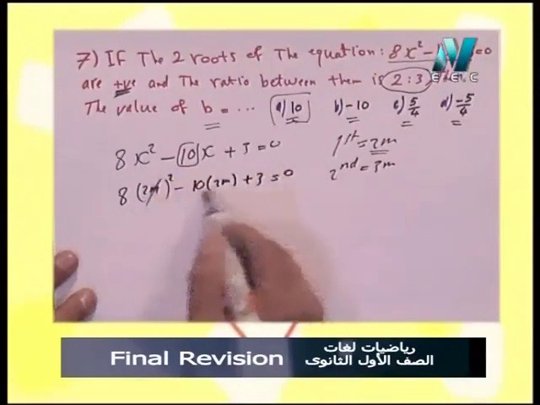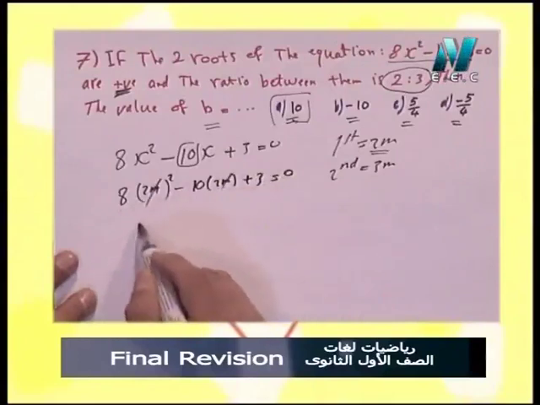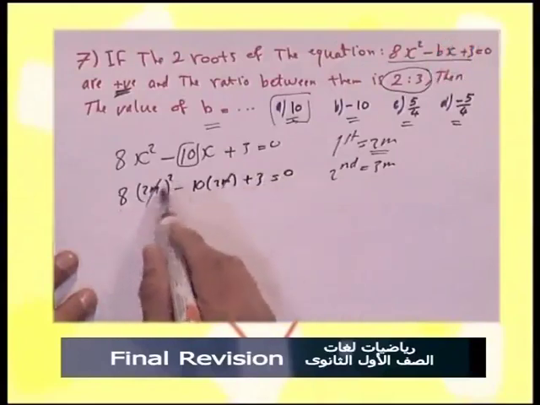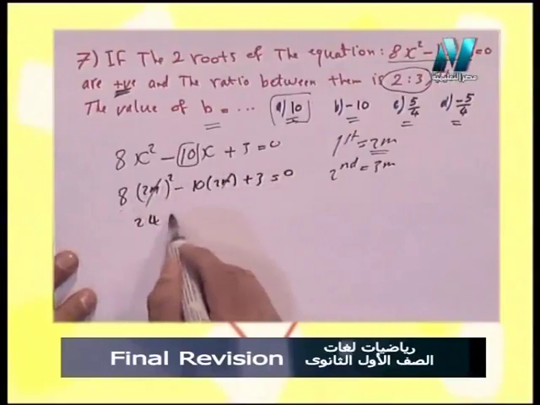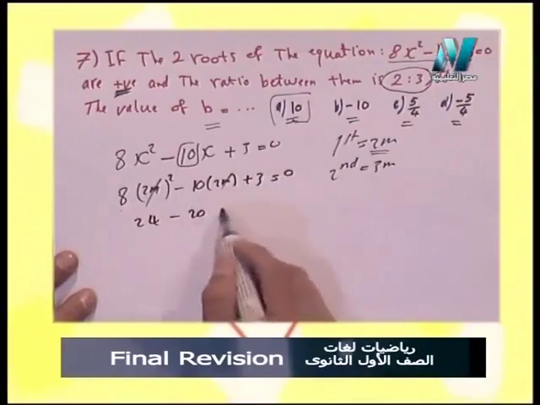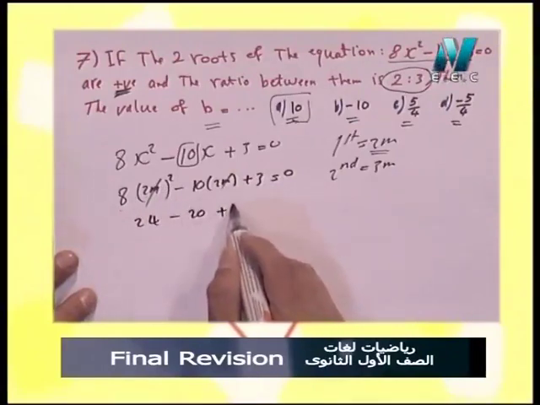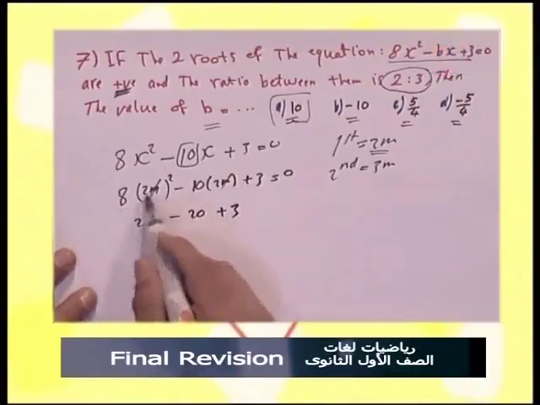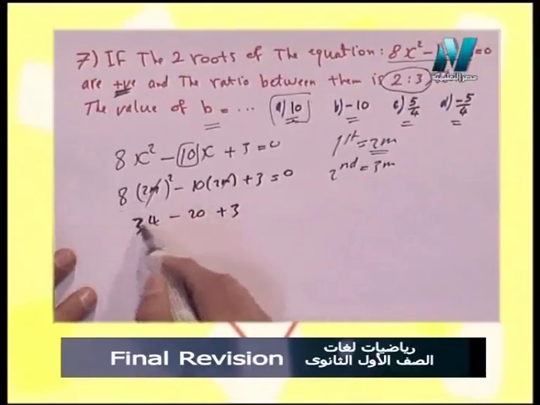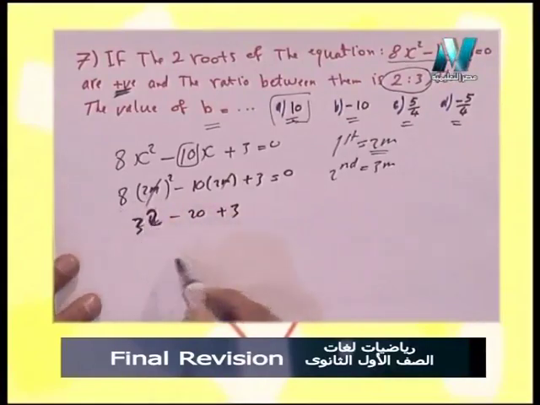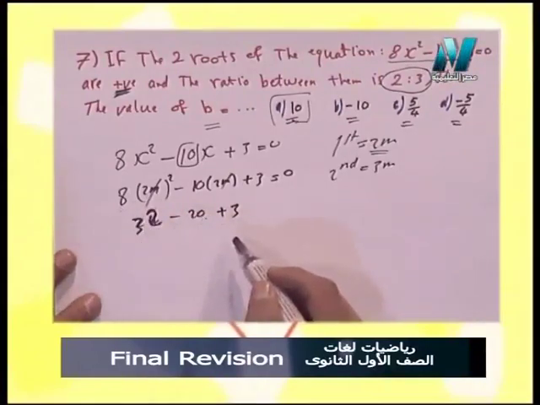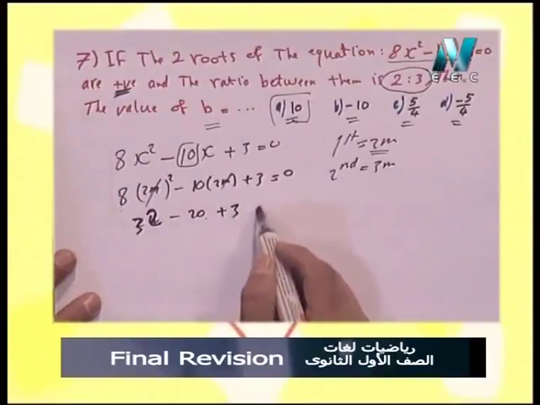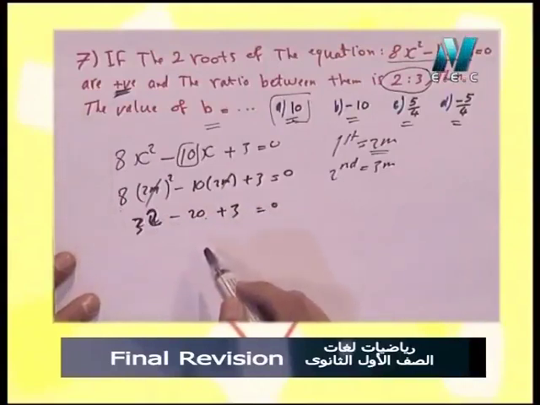Okay, we can cancel m. 8 times 2 equals 2 power 4. 4 times 8 equals 24 minus 20 plus 3. Okay, 4 times 8 equal 32, sorry, and this is negative 20 plus 3 is equal 0 or not?